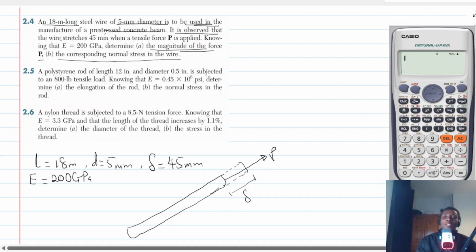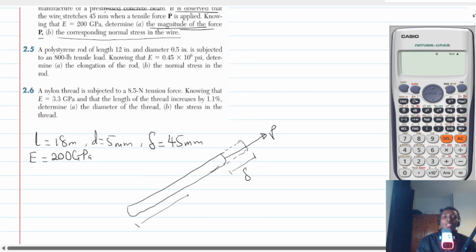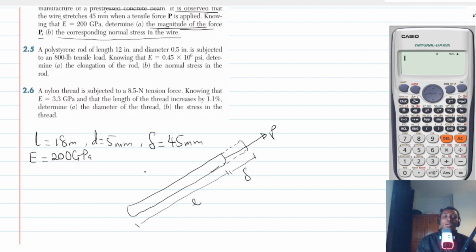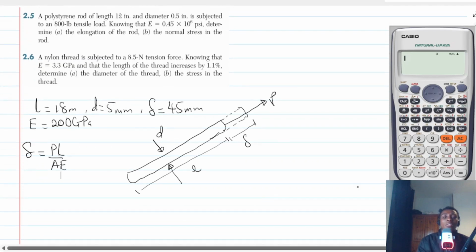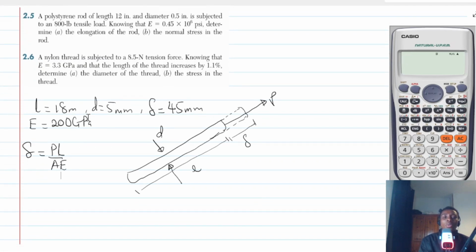And then this is the actual length, and then the diameter, which has been given as well. To find the magnitude of the force is straightforward. We know that delta is PL over AE, and delta has been given. L, we know.